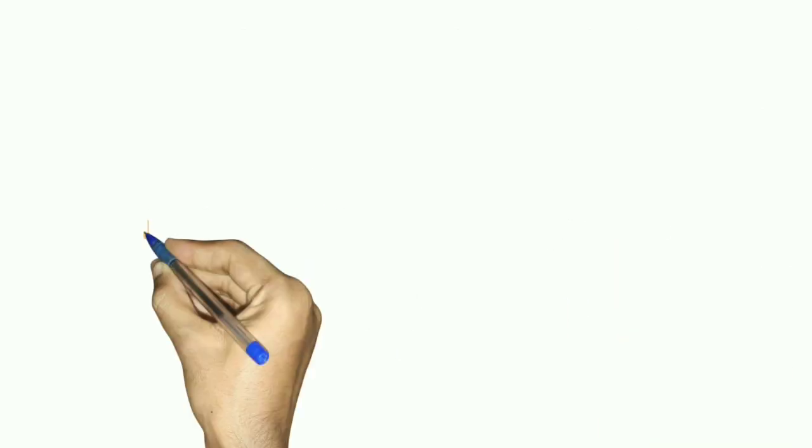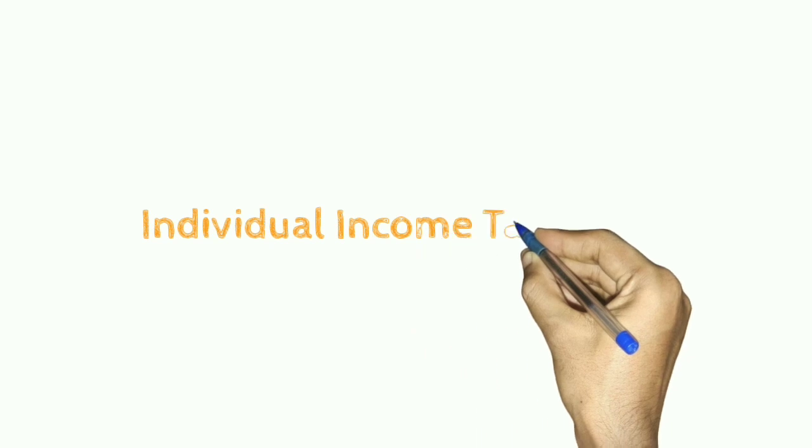I will first discuss the individual income taxpayers. In order for you to understand this easily, I will provide examples and we will indicate the appropriate classification for each of the examples.